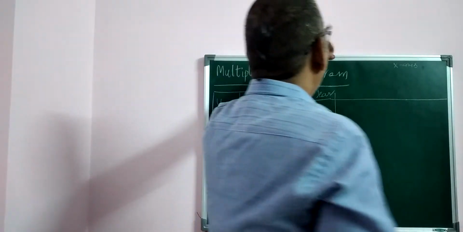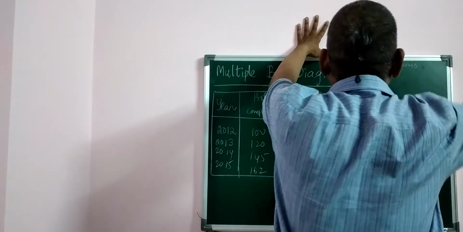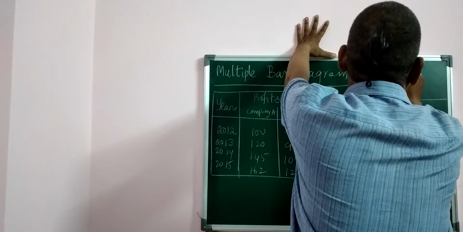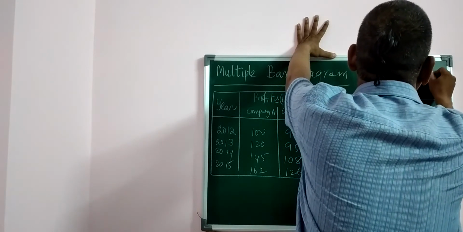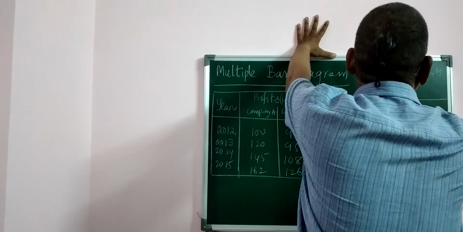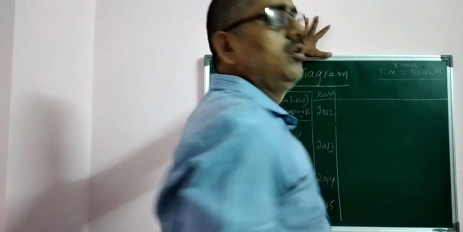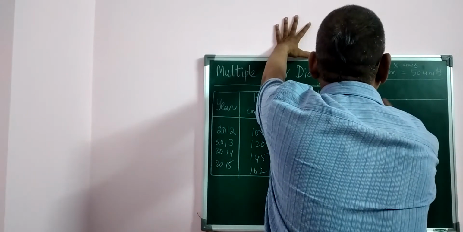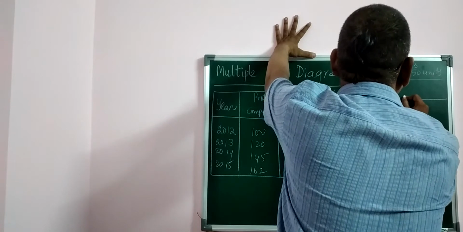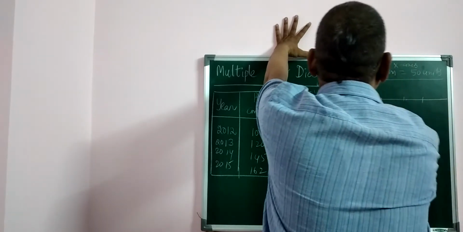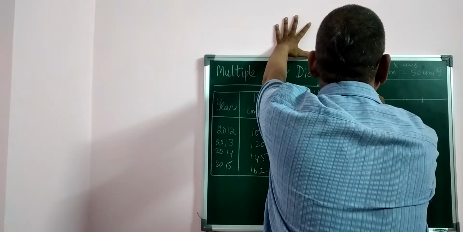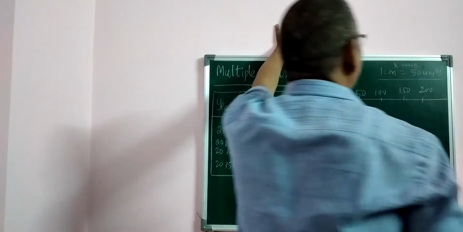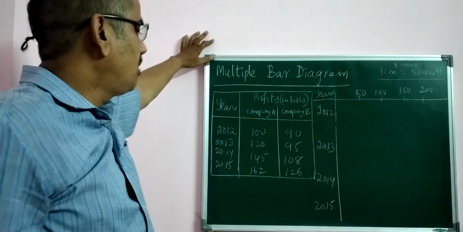So now I can represent 50, 100, and so on. On the x-axis, 1 centimeter is equal to 50 units. You could represent 20 units, but 50 is good: 50, 100, 150, 200. Now you represent one by one.